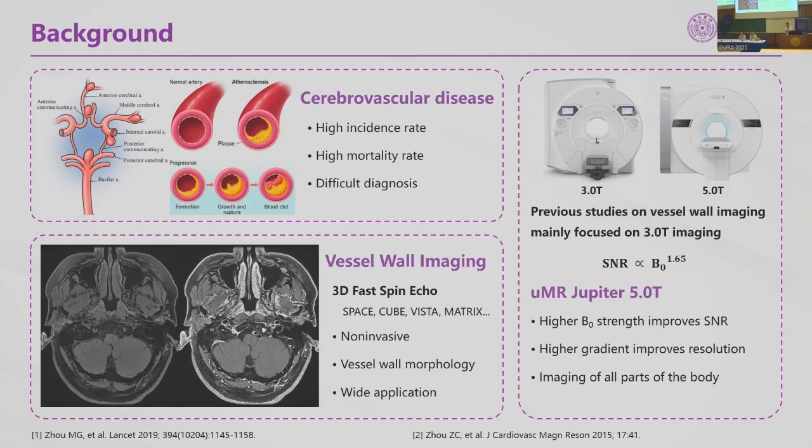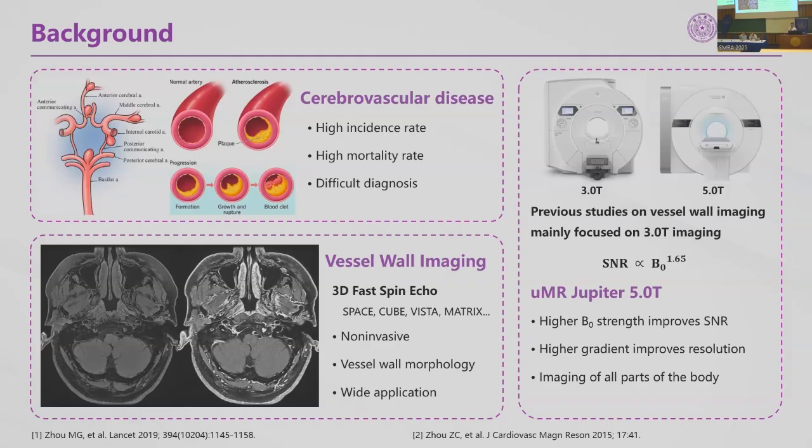The current guidelines for cerebrovascular disease prevention and treatment strongly recommend MR vessel wall imaging as a first-line examination for patients. However, most prior vessel wall imaging was conducted at 3T.